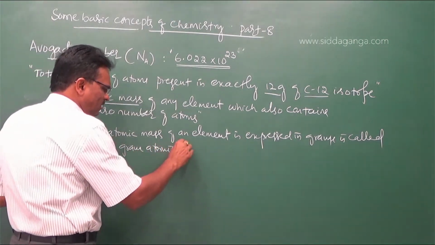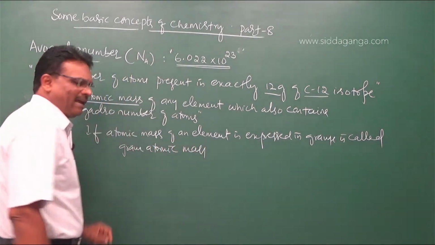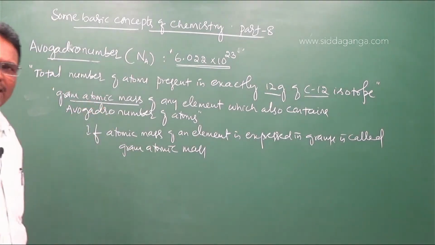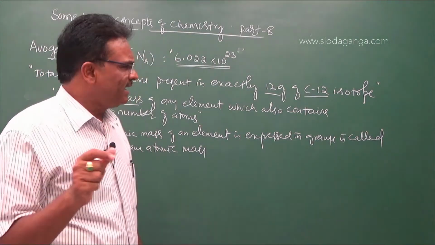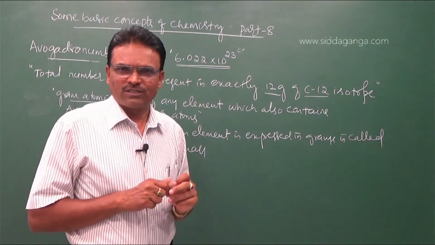So gram atomic mass of any element contains Avogadro number of atoms.